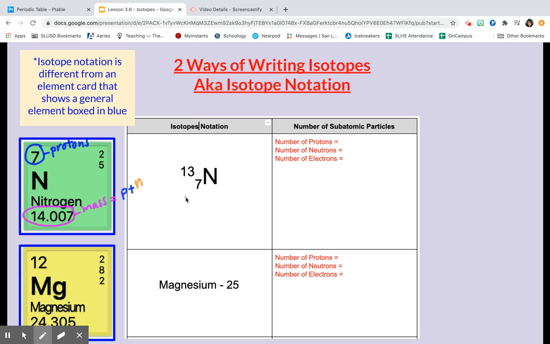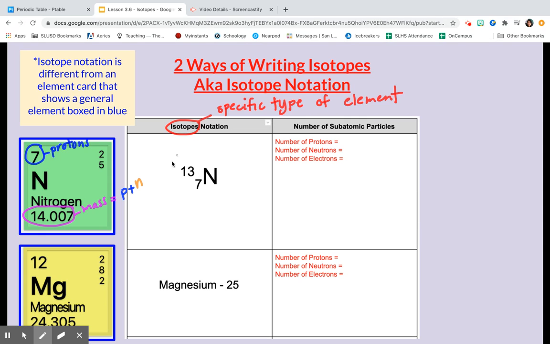Okay, so let me note that. When we're talking about isotope notation, we're talking about a specific type of element, right? It might have its own mass different from what you see on the periodic table.